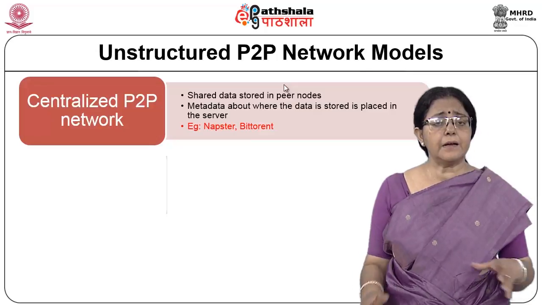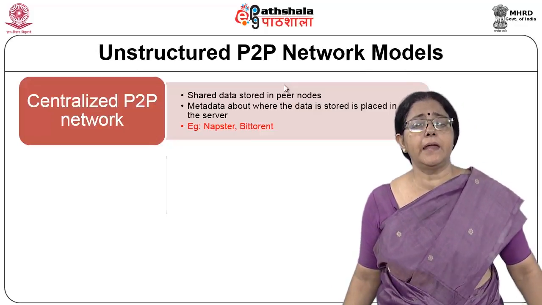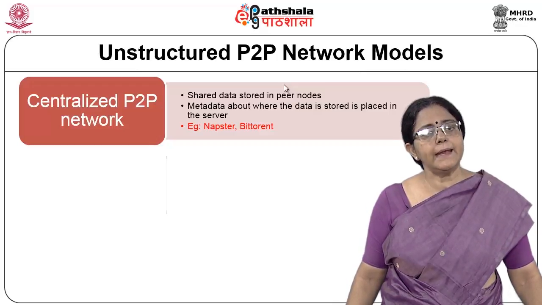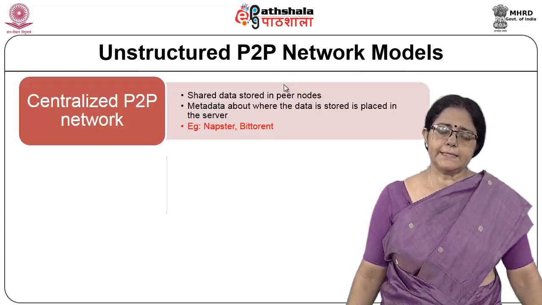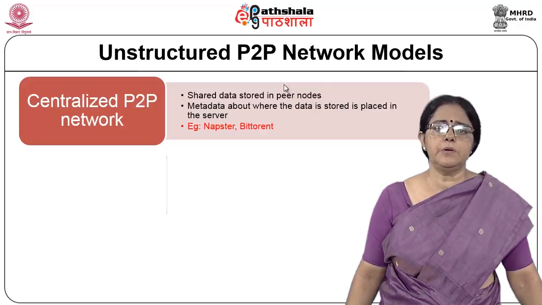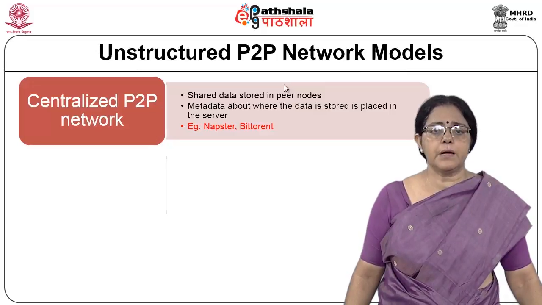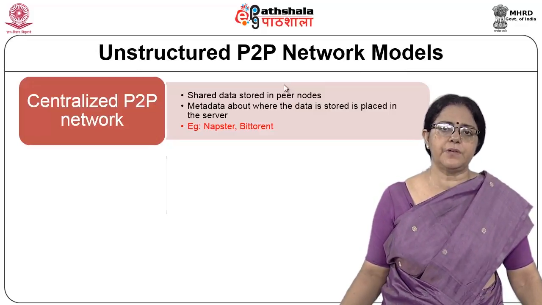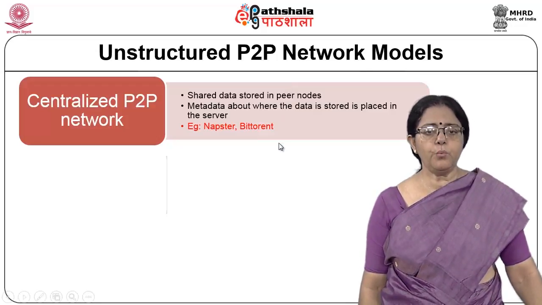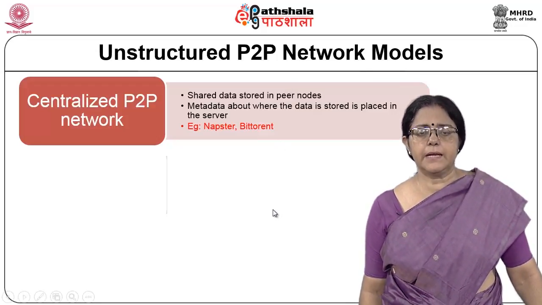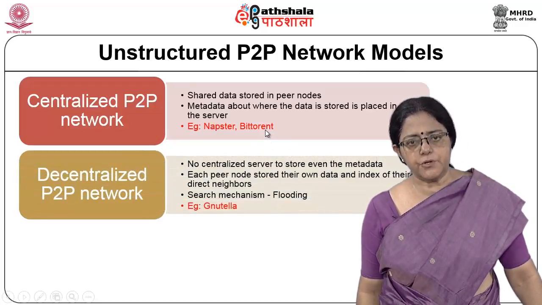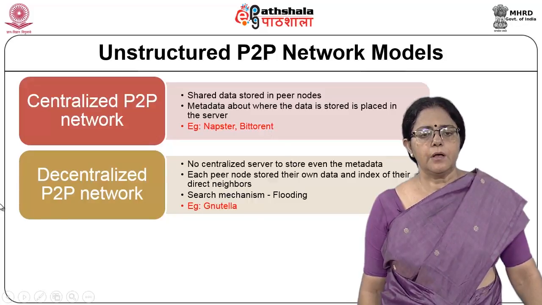So, the data is still shared among many peers. There is no server which contains the data, but this centralization is for storing the information about other nodes, which node contains what data. So, the indices of the nodes are stored, and we have the centralized servers. Napster and BitTorrent are examples of this.